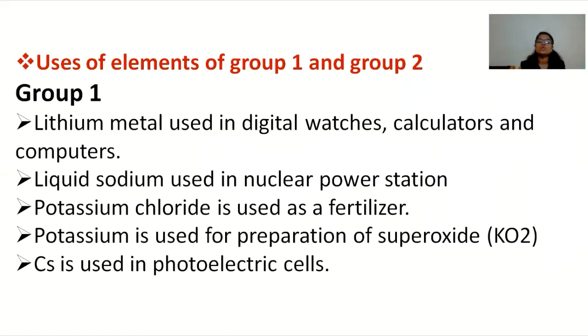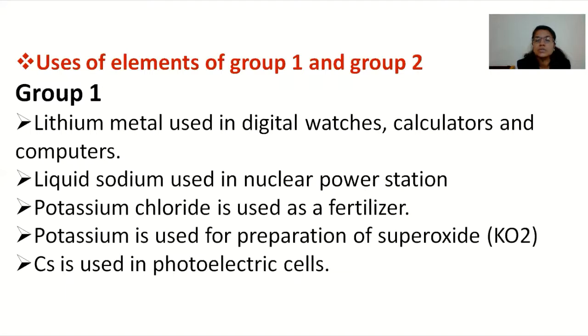Now, the uses of elements of group 1 and group 2. In group 1, see what the uses are. The first use is that lithium metal is used in digital watches, calculators and computers.